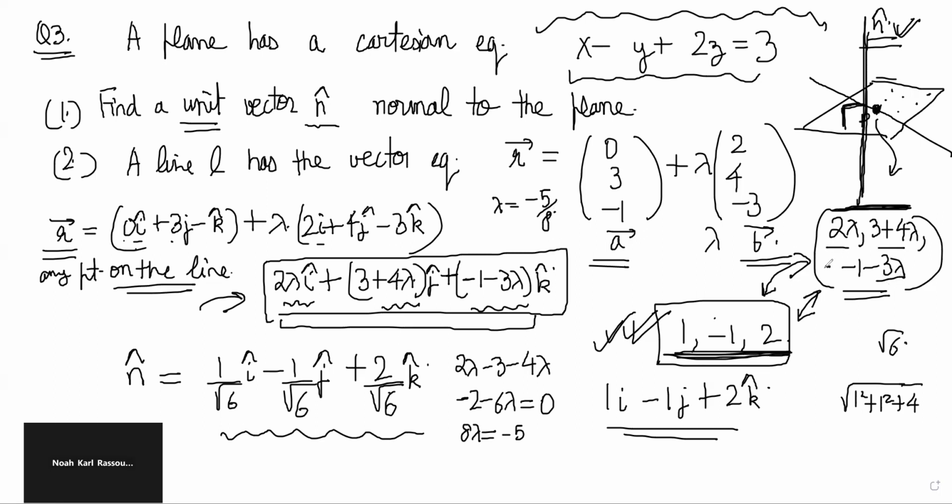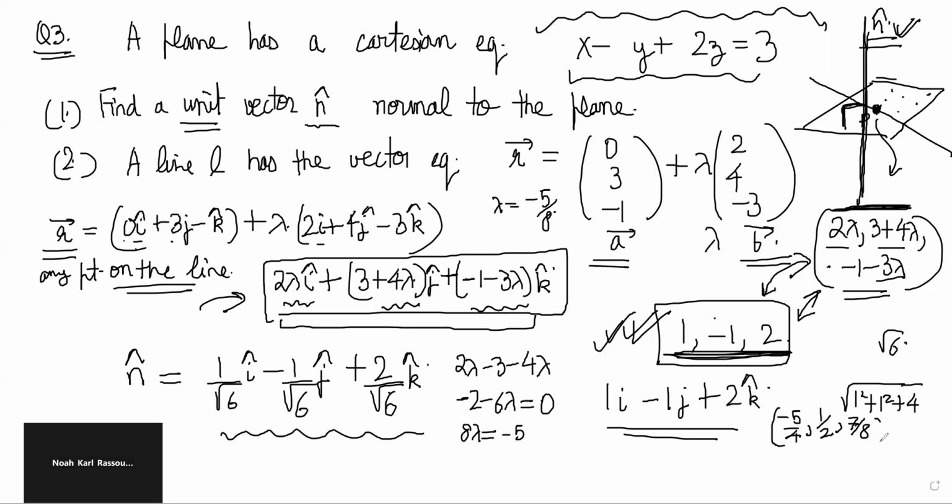It is minus 5 by 4 comma 3 plus 4 times lambda. So 3 minus 5 by 2, that is going to be 1 by 2. And minus 1 minus 3 lambda, so minus 1 plus 15 by 8, that will be basically 7 by 8.